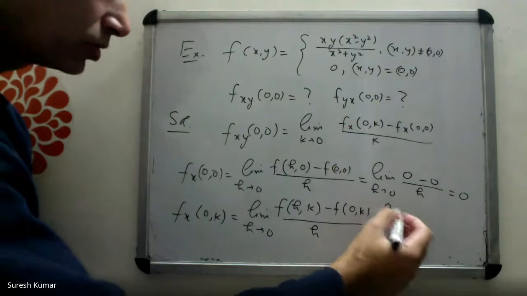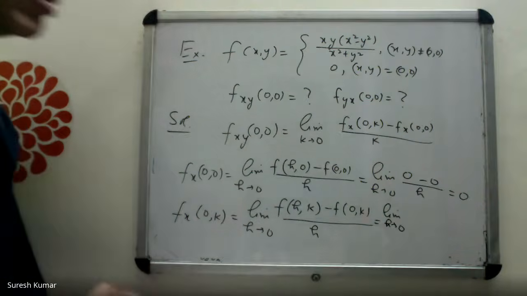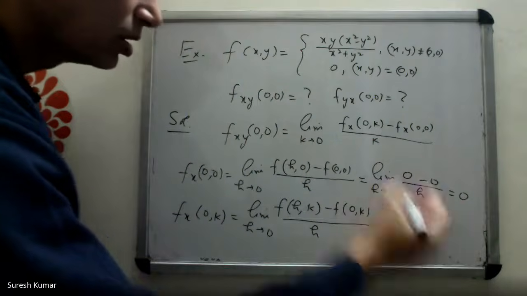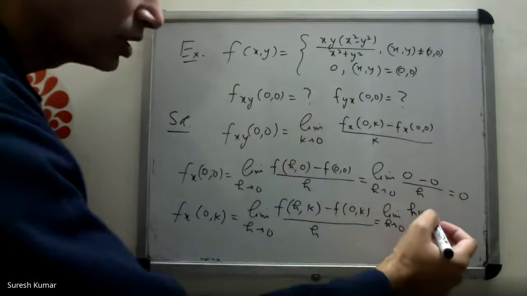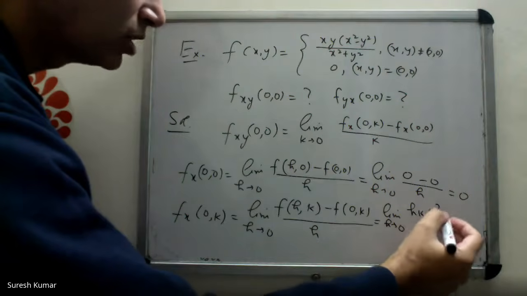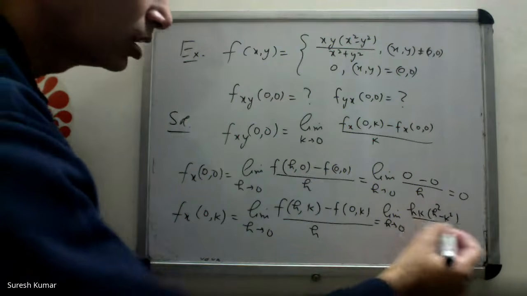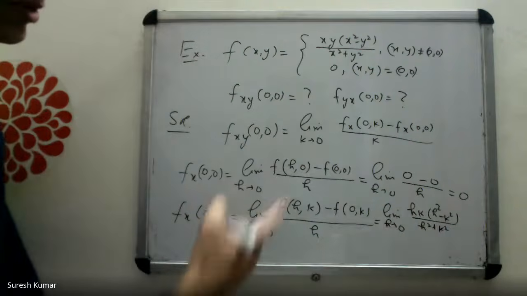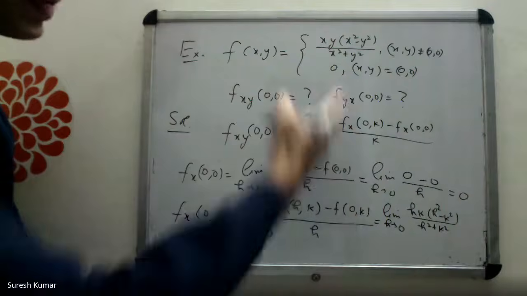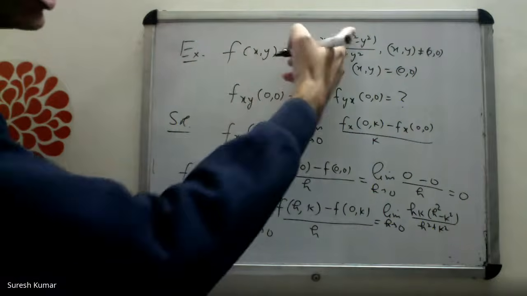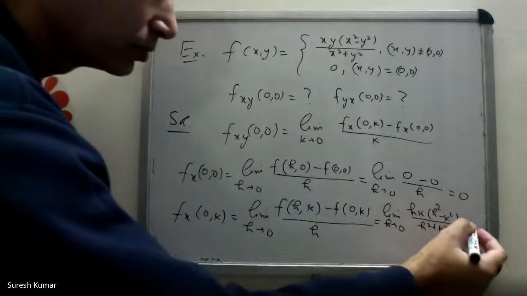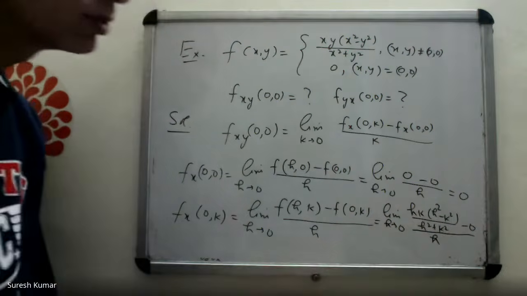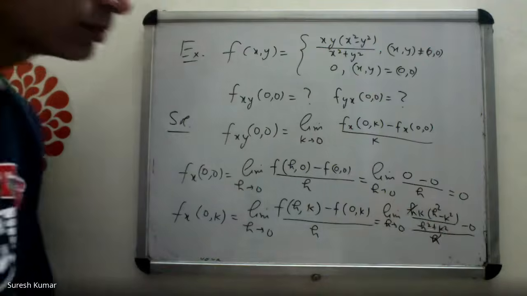Simplify it. f(h,k) means this whole expression, replacing x by h, y by k. So hk times (h square minus k square) divided by (h square plus k square). This is the expression for f(h,k). f(0,k), you calculate from this, it is 0. Divided by h. So this h is cancelled.